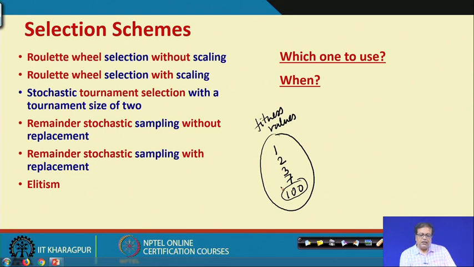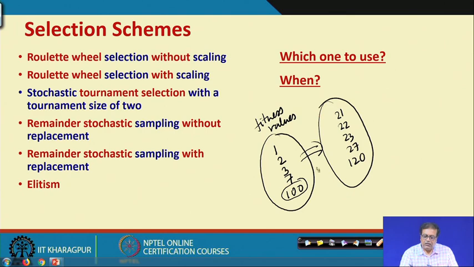Whereas, if I try to scale this, say by simply adding 20 to each of them, what will be the new fitness values? They will be 21, 22, 23, 27 and 120. This is the process of scaling. The scaling I have used is plus 20.